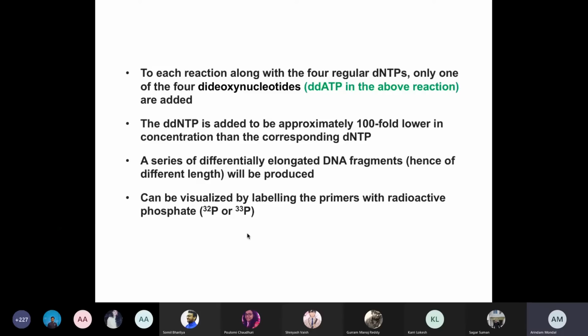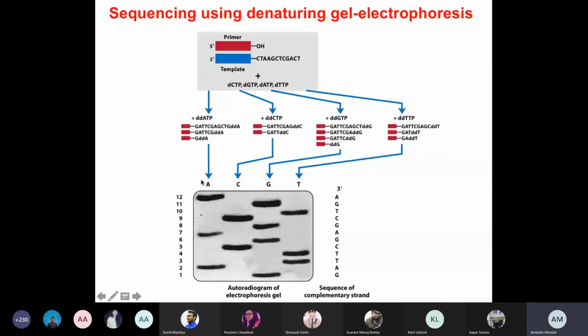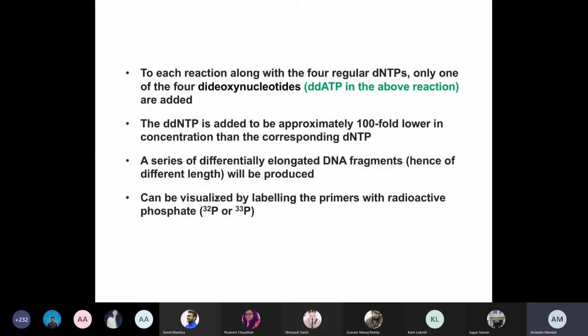For regular conventional Sanger sequencing, as you have seen here, you have to set up four different reactions where all of the reactions have dNTPs and one ddNTP. The ddNTP is added at approximately 100-fold lower concentration than the corresponding dNTP, and then a series of differentially elongated DNA fragments will be produced.